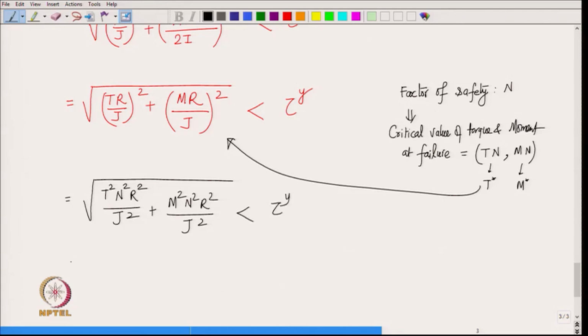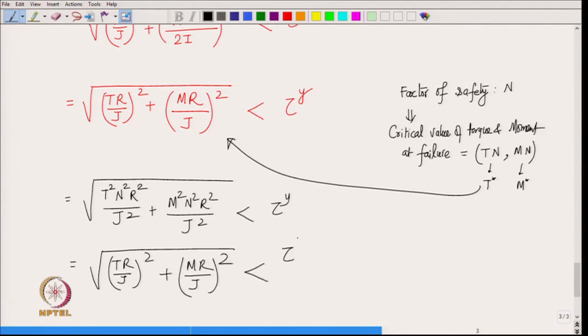So, which means the operational torque and moment, (T r by J) whole square plus (M r by J) whole square, that should be less than the critical tau y divided by n. So, the factor of safety is reflecting on the right hand side. Okay.